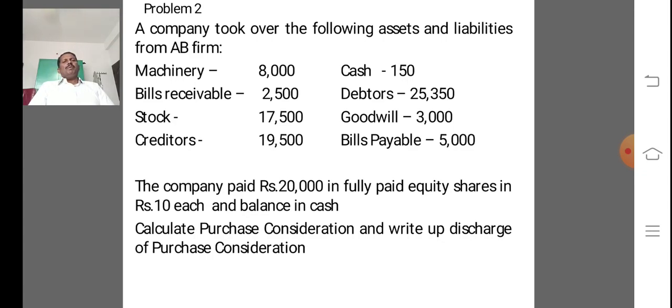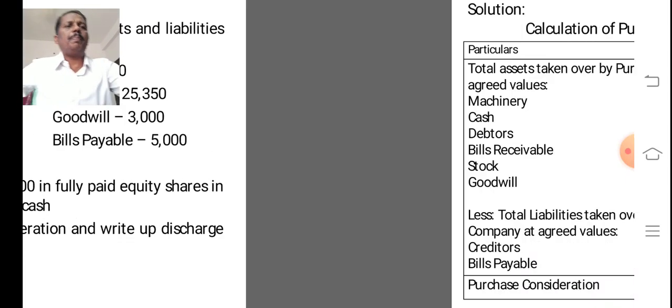That PC will be discharged in 2 ways. One is 2,000 equity shares of rupees 10, that is rupees 20,000, and the remaining balance in cash. So we work out the problem.